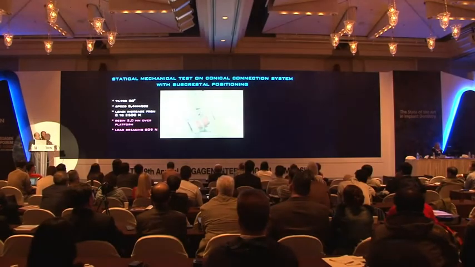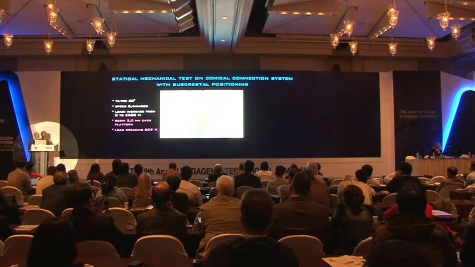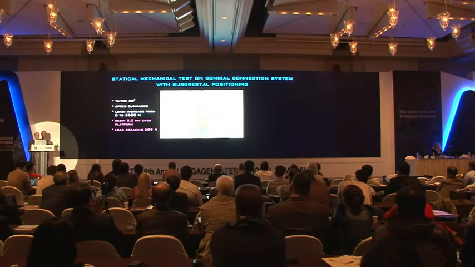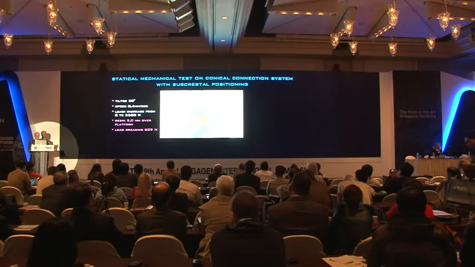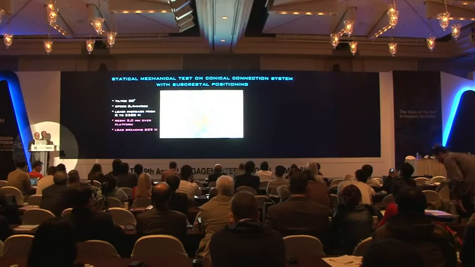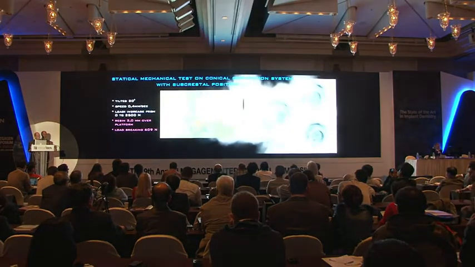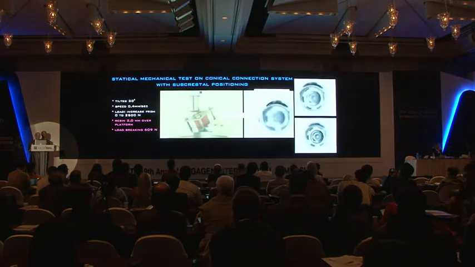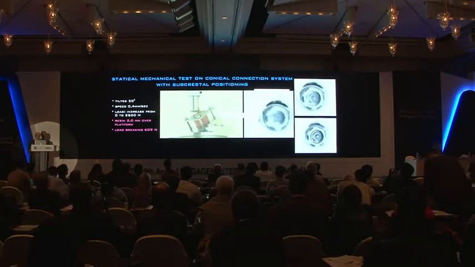We performed the same test with 2 millimeters of subcrestal positioning. That shows that the breaking load grows to 609 newtons, an increase of more than 60% compared with the test without bone on the platform.